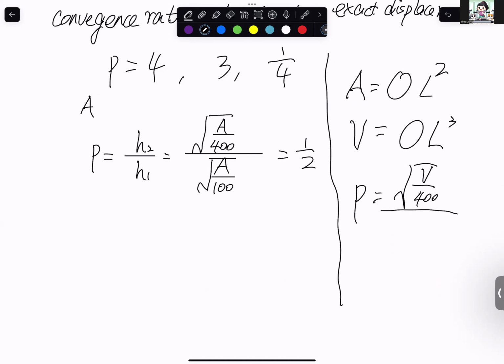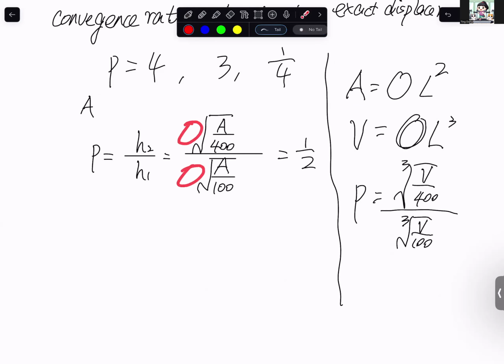Because if you use a cubic element, then V equals edge length cubed, right? And if you use a tetrahedral, I guess the coefficient is 1/3, but in the end it cancels out. So it doesn't matter. Any other question?